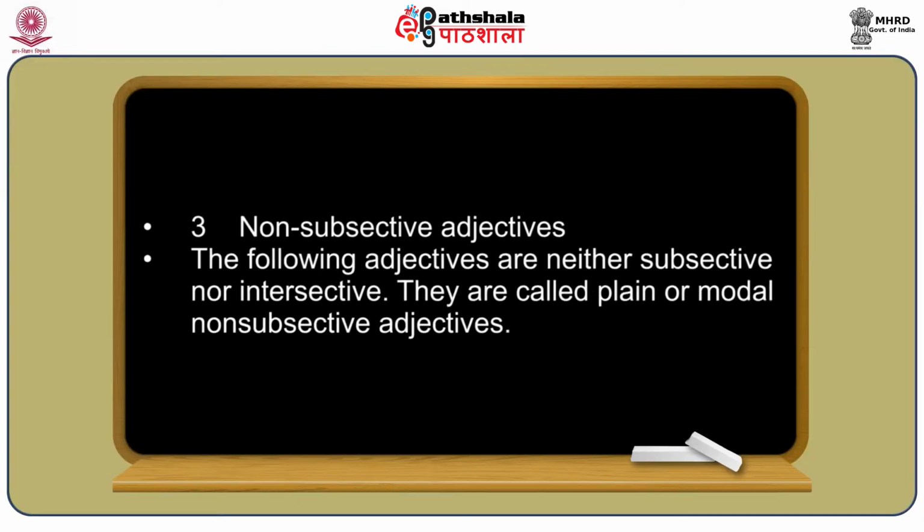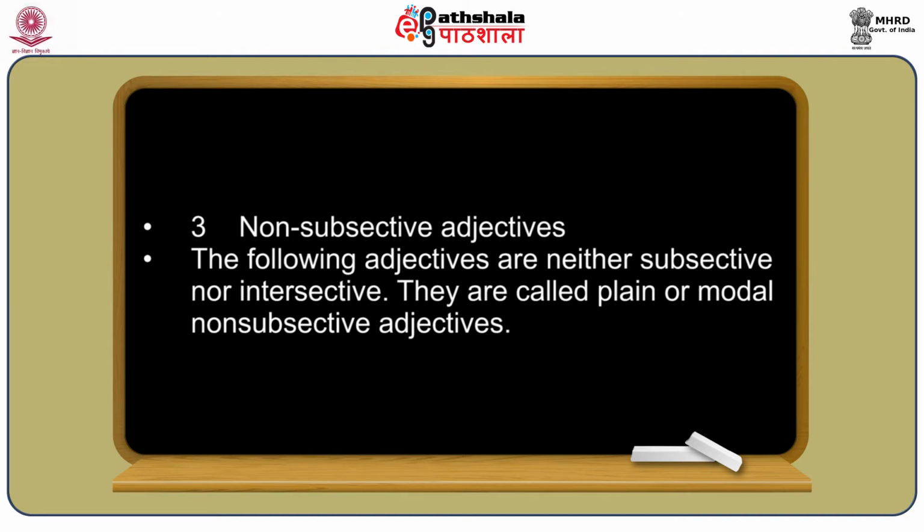For genuine subsective adjectives, adding a comparison class still does not give the right interpretation. Setting the standard of beauty appropriate to dancers still does not give the right truth conditions of someone who dances beautifully. The following adjectives are neither subsective nor intersective. So take a look at a few.